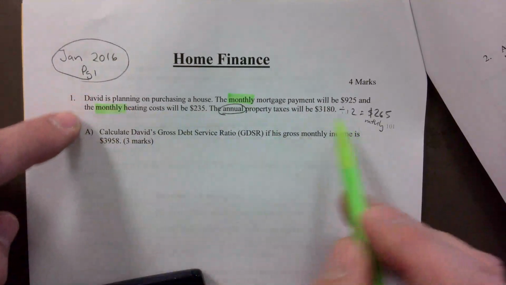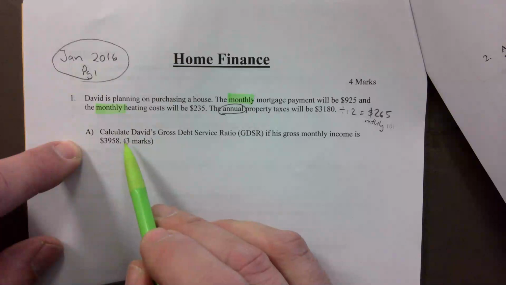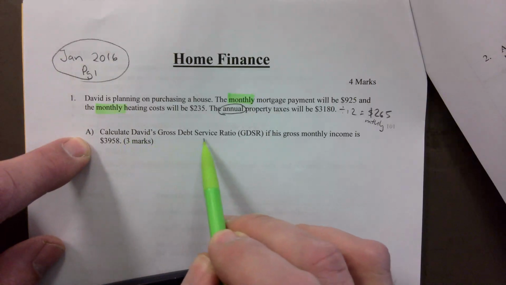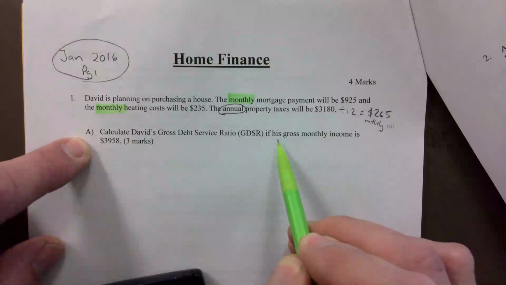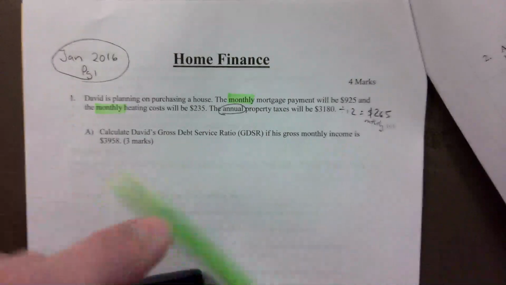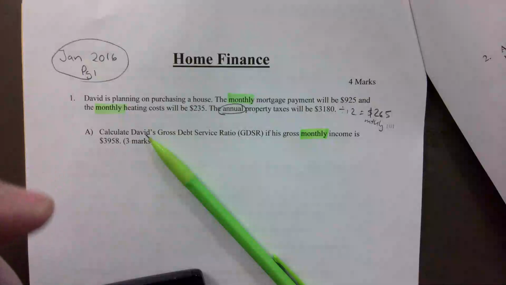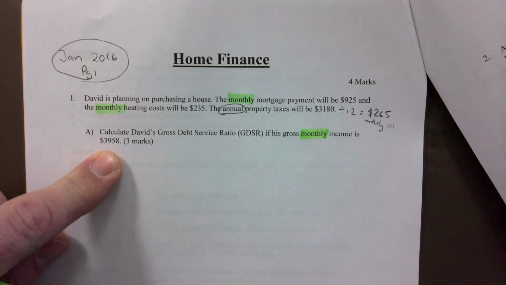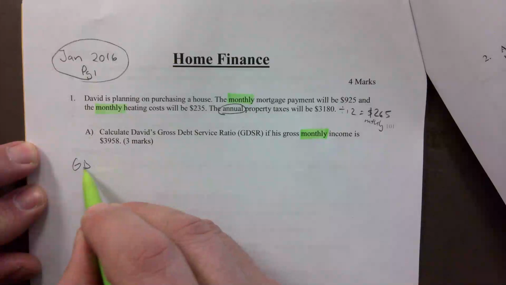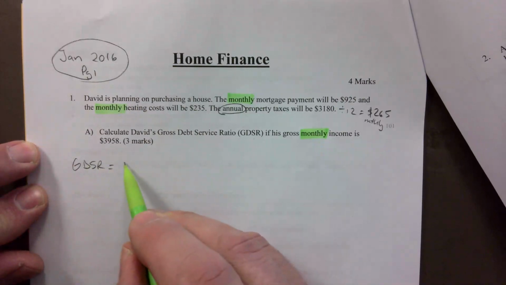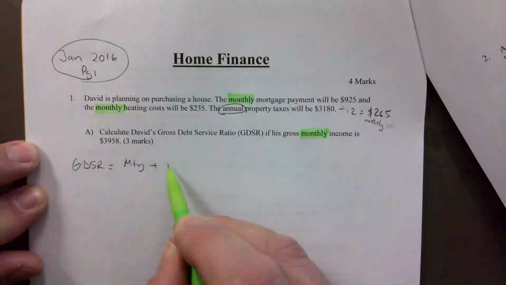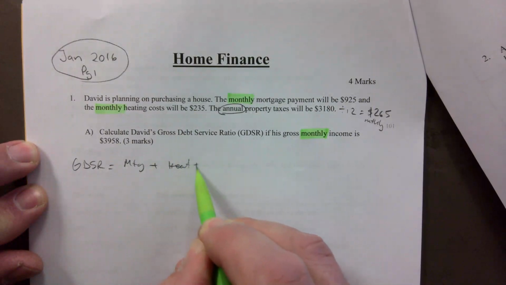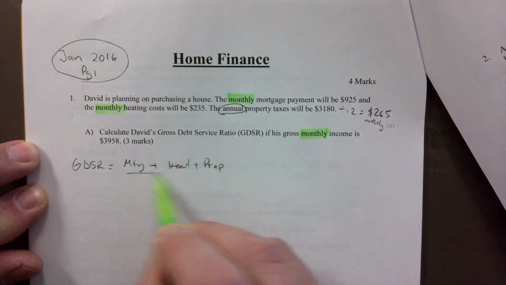Sometimes they give you the income right away, sometimes it comes a little later. So calculate David's gross debt service ratio, GDSR, if his gross monthly income, and there is monthly again, so we're good. Gross monthly income is $39.58. So the GDSR calls for mortgage payment, heat, property tax, divided by income.